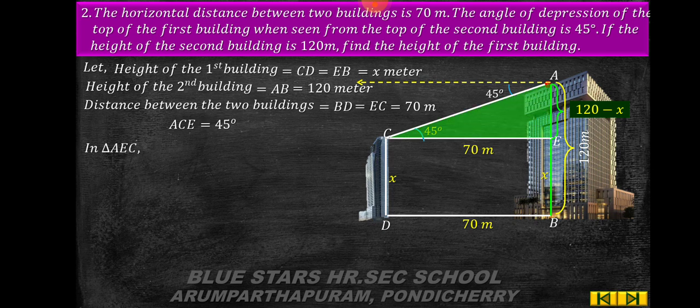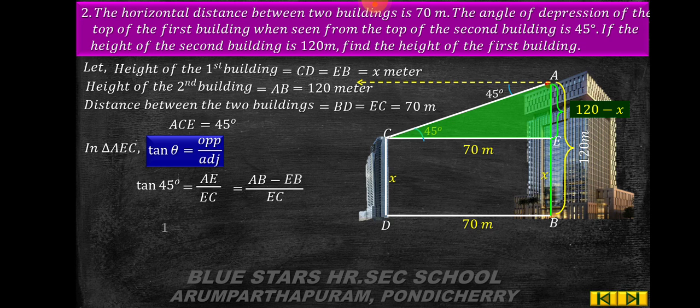So in triangle AEC, tan theta is equal to opposite by adjacent. So tan 45 degree is equal to opposite side AE divided by the adjacent side EC, and tan 45 degree is 1. AE is nothing but AB minus EB, divided by EC.